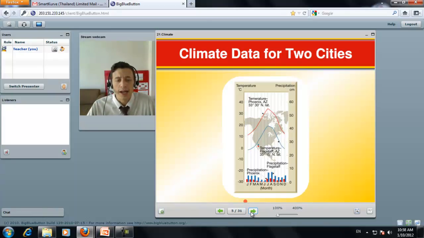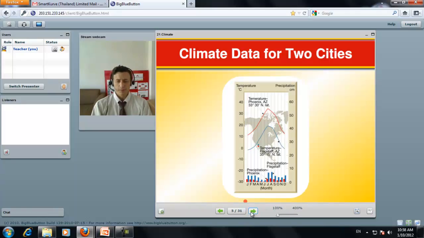Now the red lines at the top of the image show you the average temperature. Notice that for both cities, the months of July and August are the hottest around, and the months of December, January, and February are the coolest. At the bottom of the image, we can see the precipitation. Now, precipitation means rain or snow.